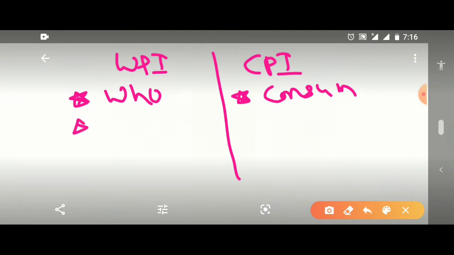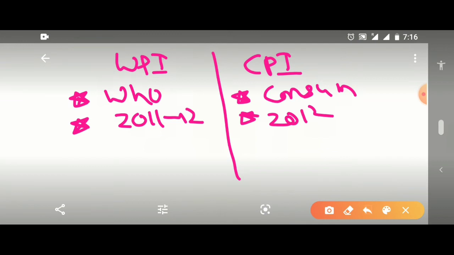The base year for wholesale price index is 2011-12. The base year for consumer price index is 2012. Here we have only goods. Here we calculate prices of goods and services.